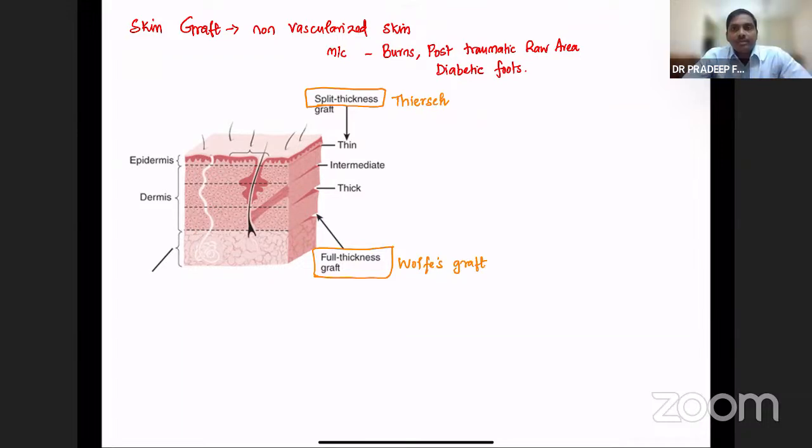The basic difference between a split thickness and a full thickness graft is that in the split thickness graft, the epidermis and only a part of the dermis is grafted, a thin dermis. Whereas in a full thickness skin graft, both the epidermis and the dermis are taken, harvested.